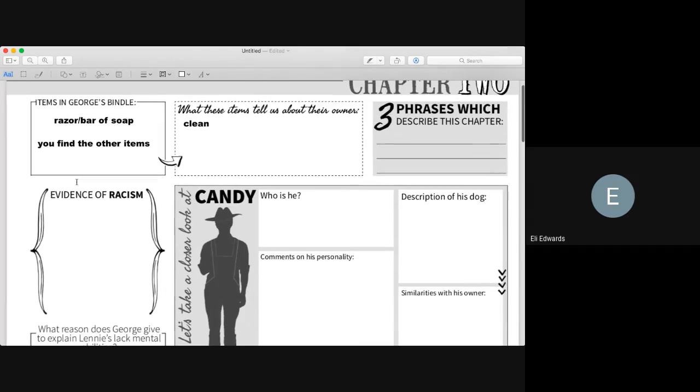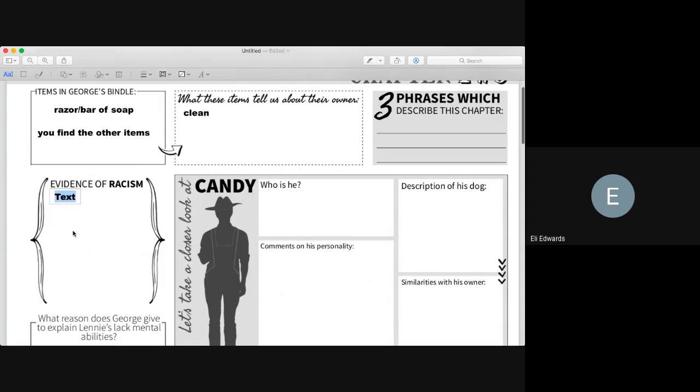Evidence of racism. By now, if you read chapter 2, you've probably met a character by the name of Brooks. What you want to do is look for examples of how they are racist to him.